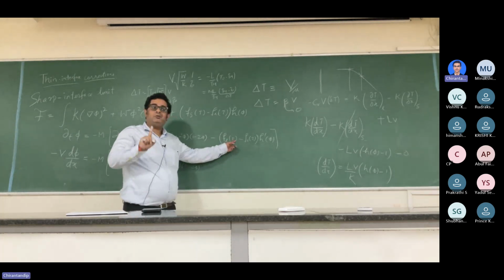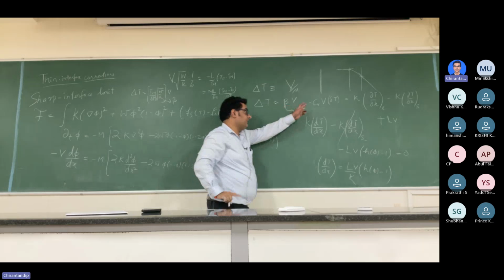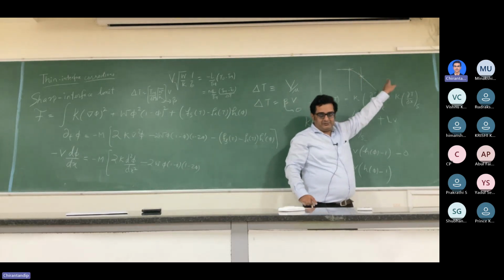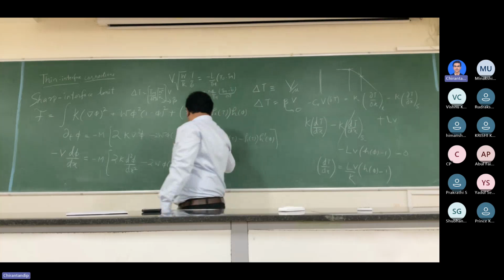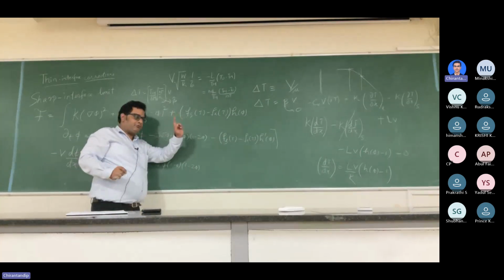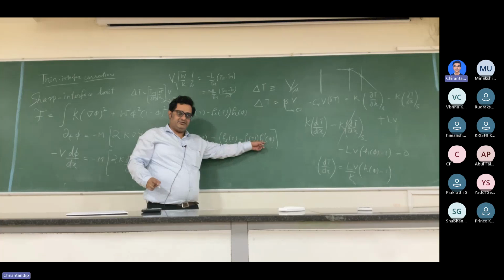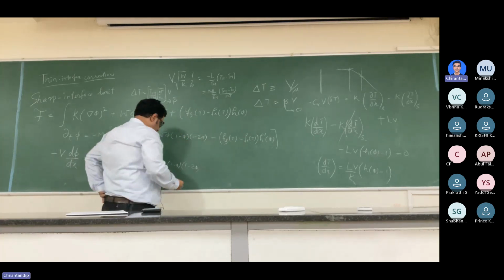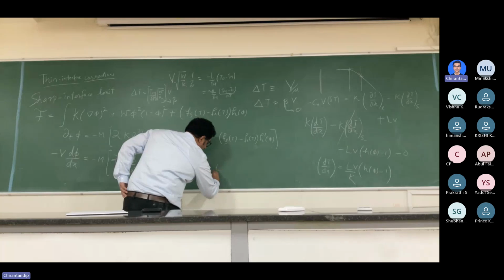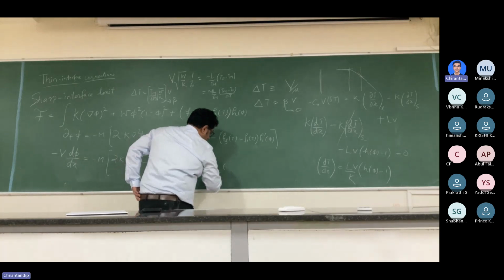Remember, T is now no longer uniform in this region. There is a small variation which I want to take into account. So when I take this integration now, I have to be careful that T is no longer constant. It has to be a function of x. So I want to simplify this to its original form.